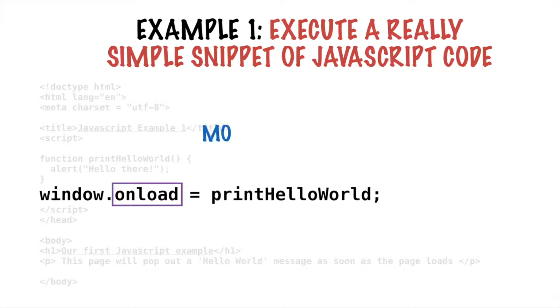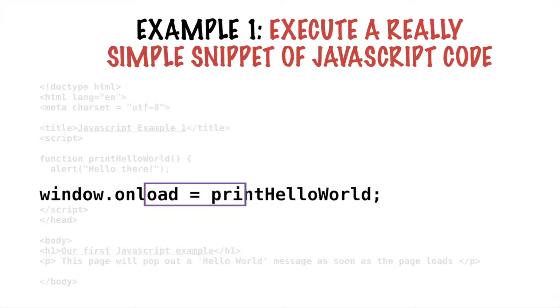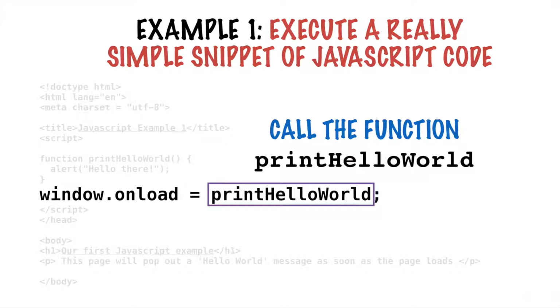But this onload on the window object basically says that when the browser loads the page and is done with it, we wanted to execute this printHelloWorld function. This printHelloWorld function is the same function we saw around a minute ago. Call the function printHelloWorld when this web page has finished loading.